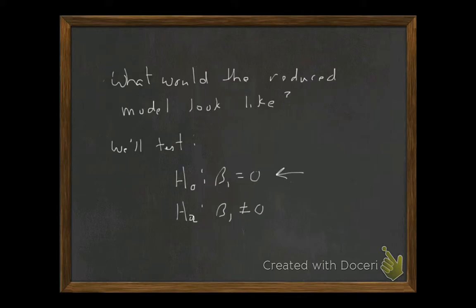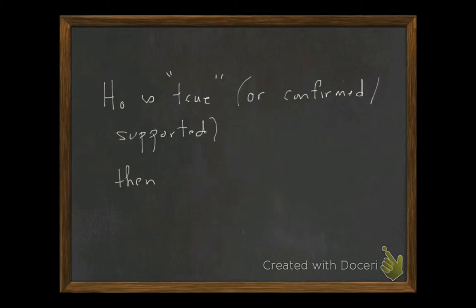If that's supported, we say that beta 1 is equal to 0, so we get the reduced model. And what's the reduced model going to look like? Just the model without the beta 1. If everything points toward the slope being equal to 0, then there's no need to include beta 1 in our model.